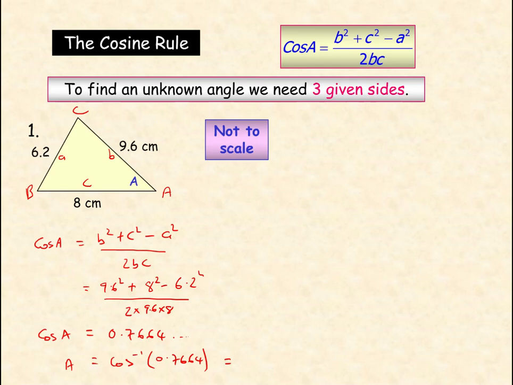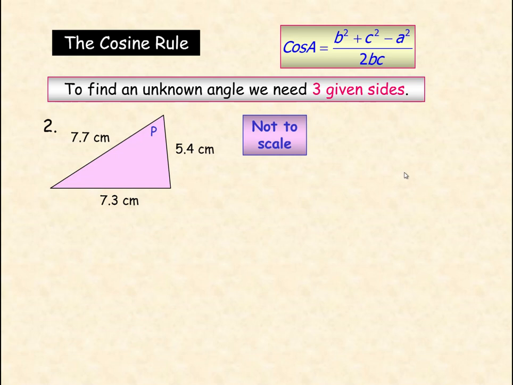Sorry, that's 39.97 degrees. So our answer is 39.97 degrees. So that's angle A for you. What I want you to do now is hit pause, copy this down as notes, draw the diagram obviously, and then when you're ready to move on to question number 2, hit play again.